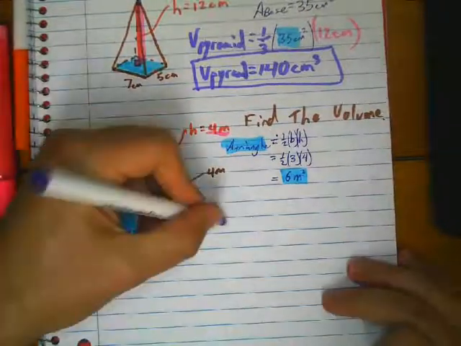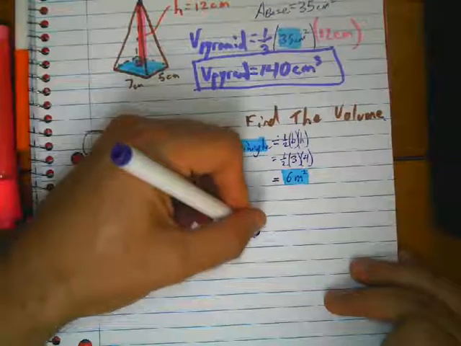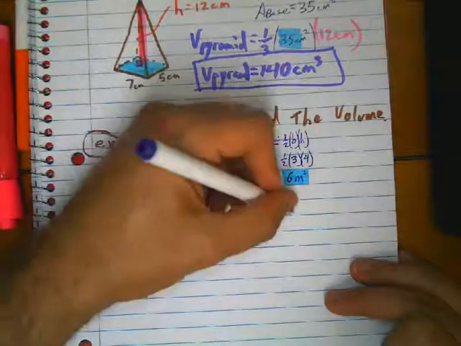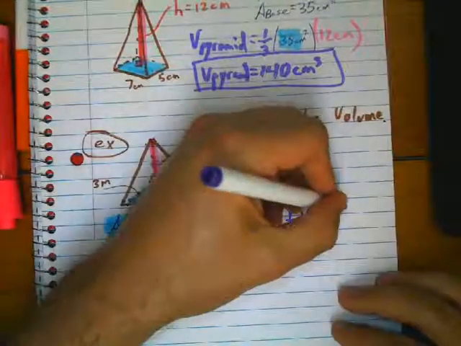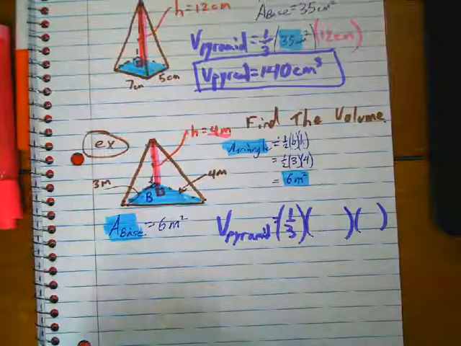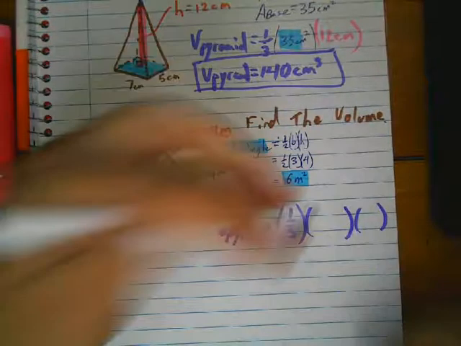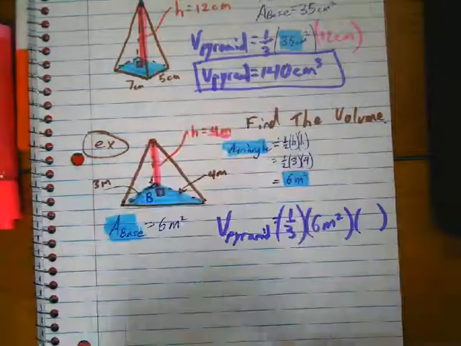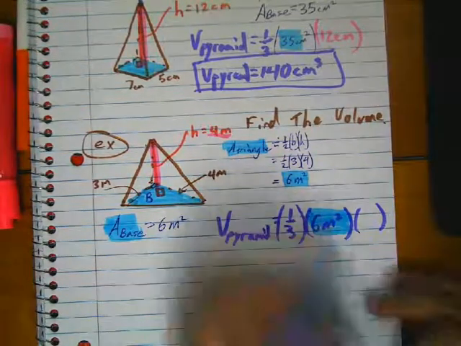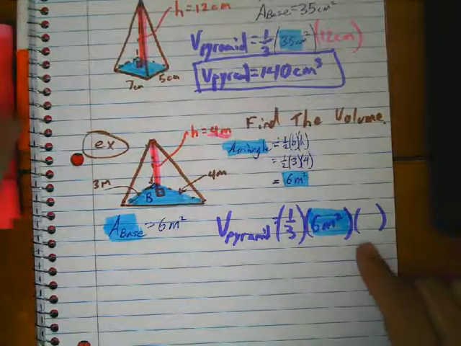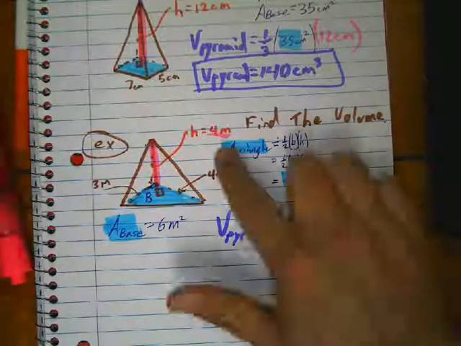So the volume of the cone, or pyramid, equals 1/3 our base area times the height. So our base area is 6 meters squared, and the height is 4 meters.